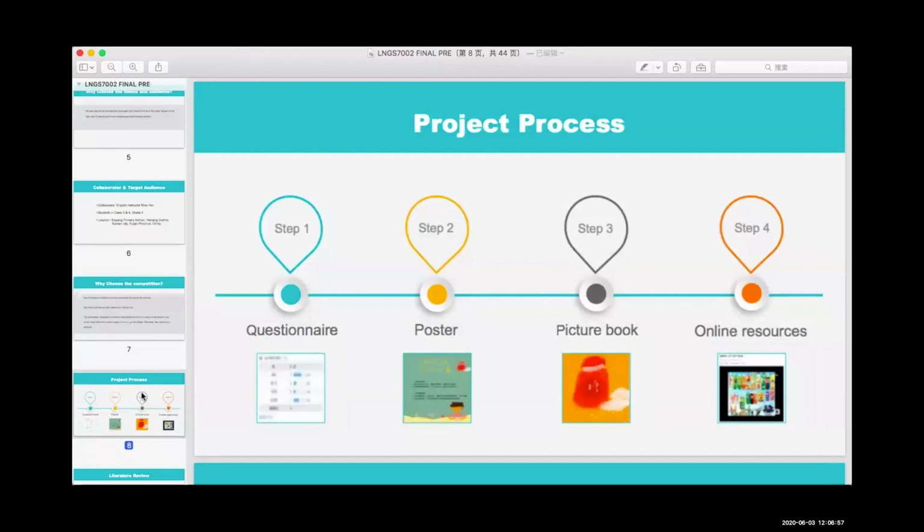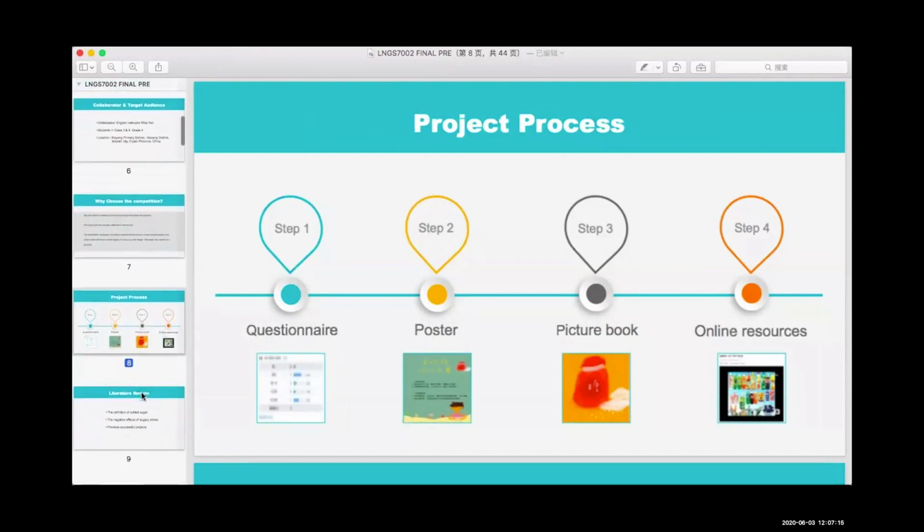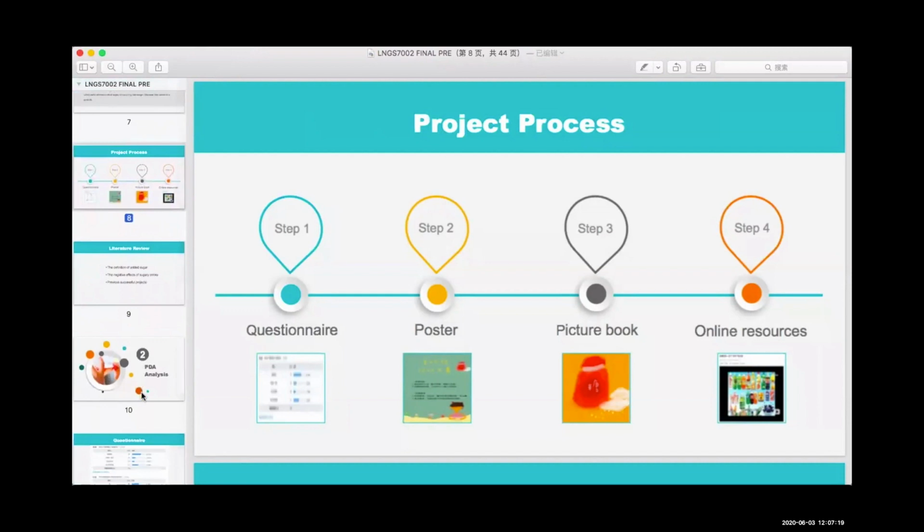One of the references is our original work. It's a picture book drawn by our group member. This book is designed to deliver key messages about sugar drinks, and many contents are based on the findings of the questionnaire. We also give them some online resources, including video and handwritten design model websites as helpful tools.